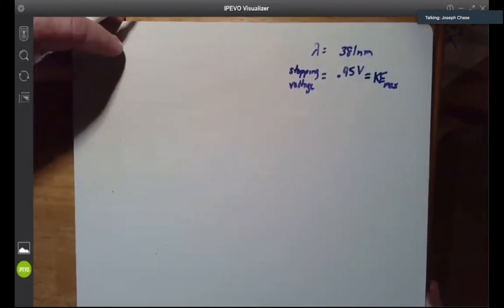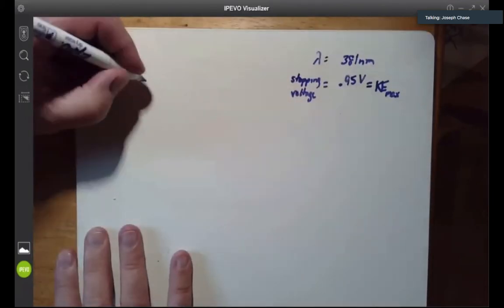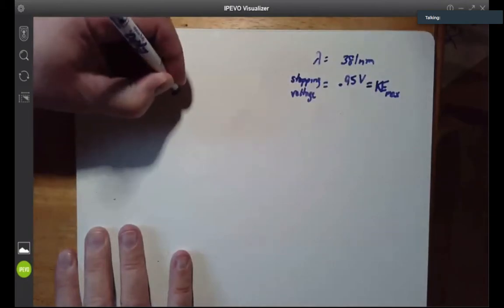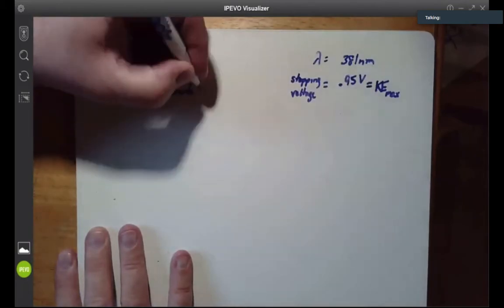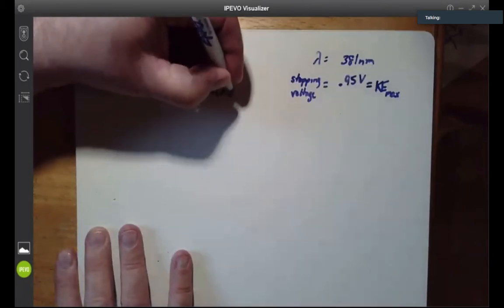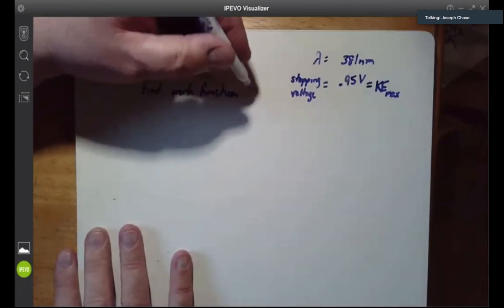So let's take a look then at what the work function is. So find work function. And then hopefully you have a calculator with you, because I'm going to ask you to do an example in just a second.